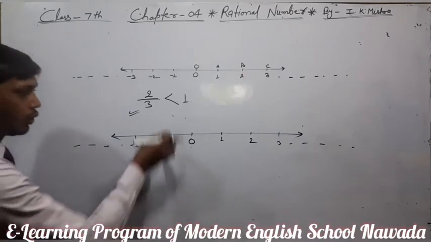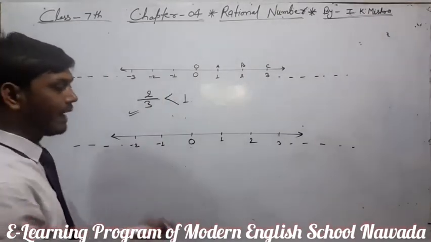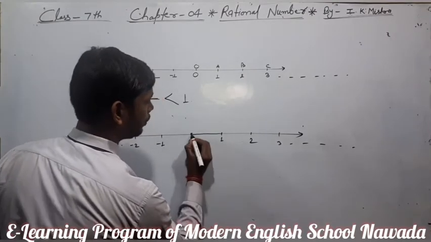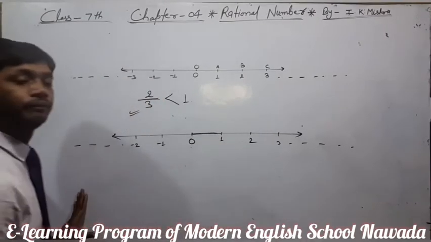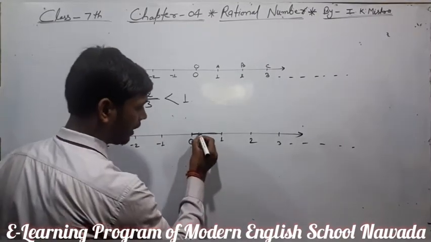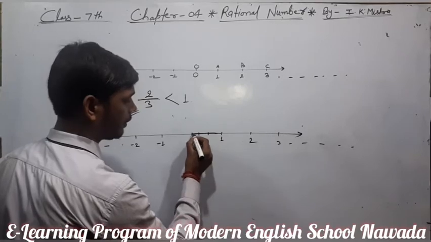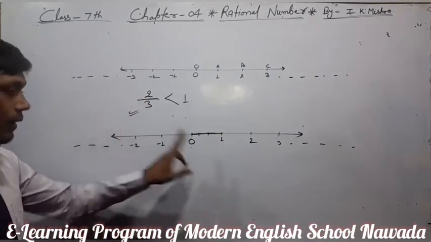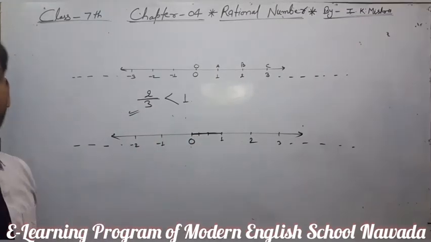Here to represent 2 by 3, divide this part into 3 equal parts because its denominator is 3. Here 1 part, 2 part and 3 part. It is divided into 3 parts.